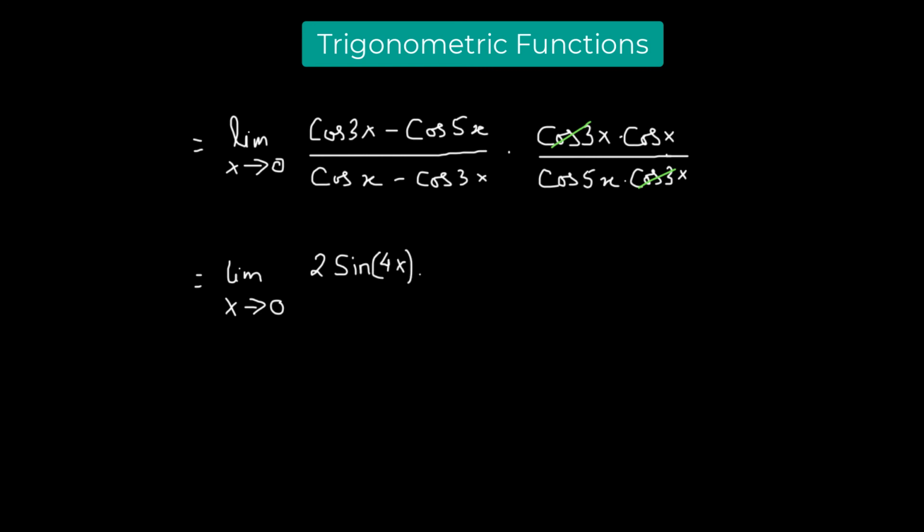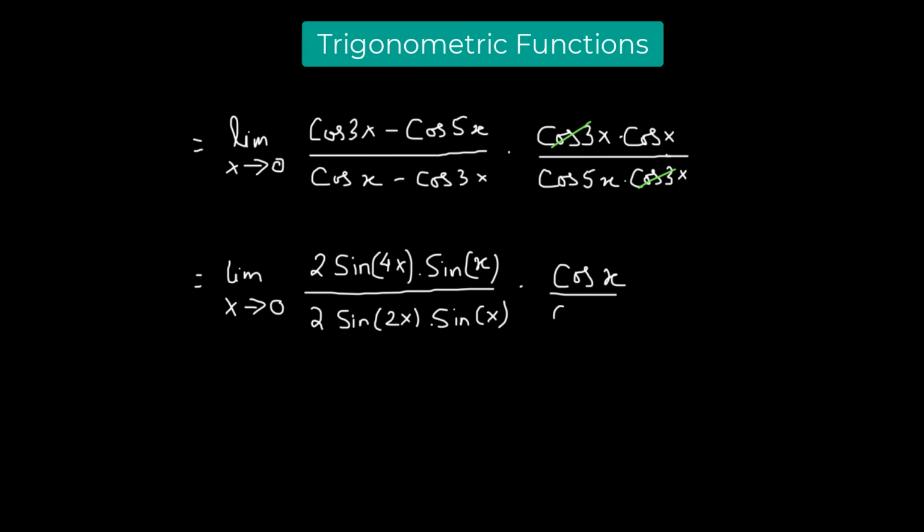So we have sine 4x times sine of b minus a, which is 5x minus 3x, that's 2x, divided by 2 will give us sine x, whole divided by 2 times sine of x plus 3x will be 4x, so 4x divided by 2 will give us sine 2x, times sine of 3x minus x will be twice x, so twice x divided by 2 will be simply sine x, times cosine of x divided by cosine of 5x.